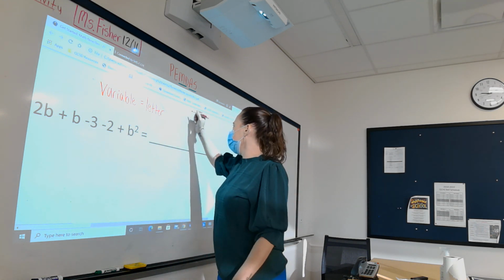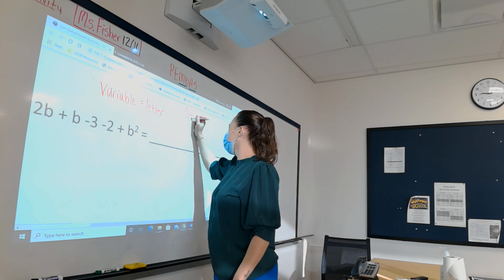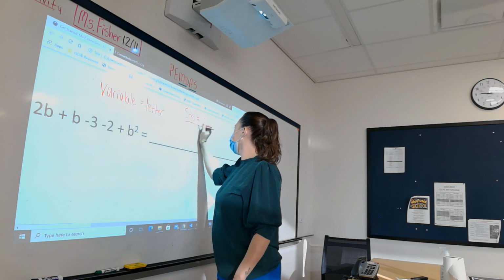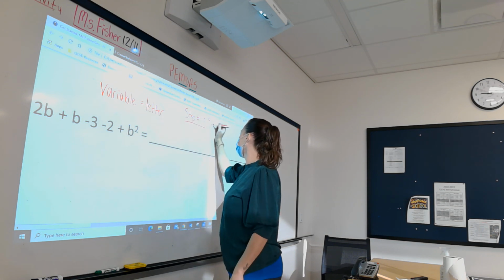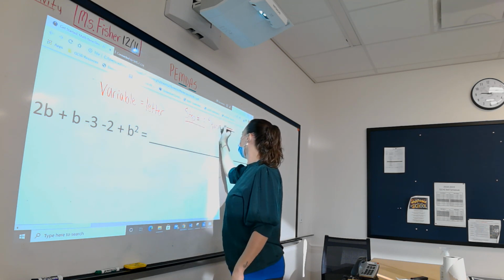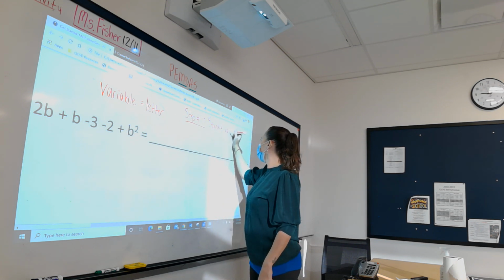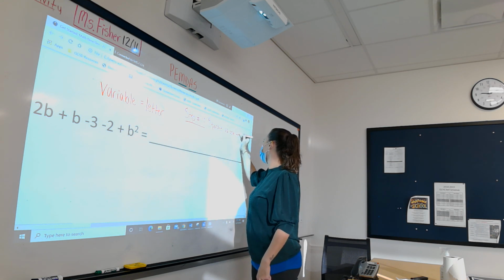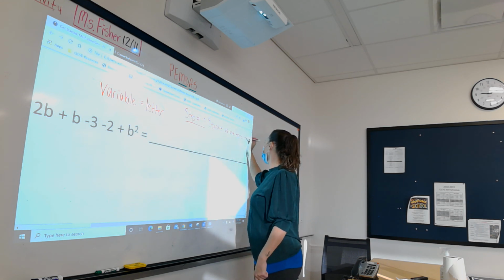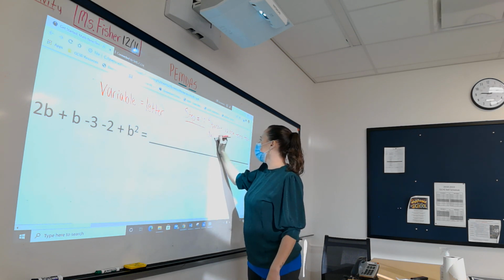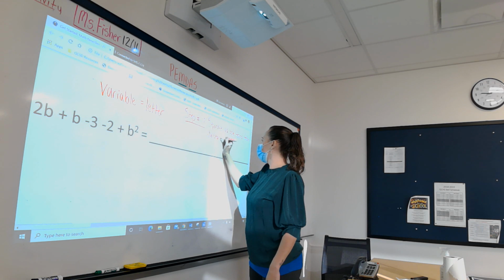So step one, separate variable terms from constant terms.